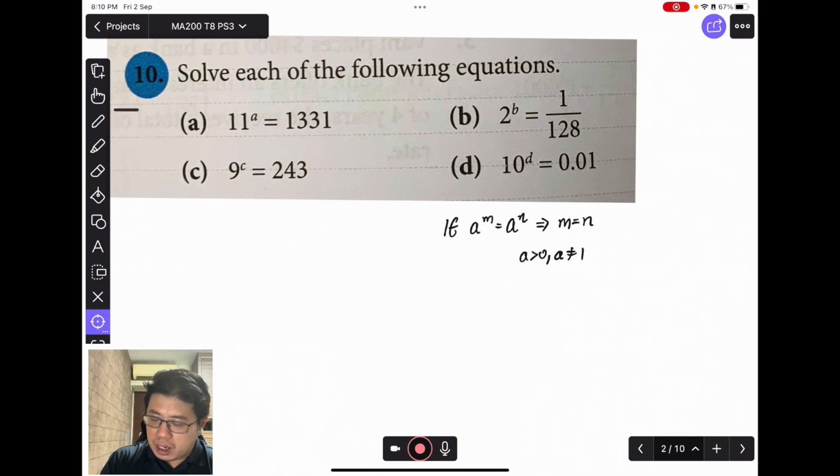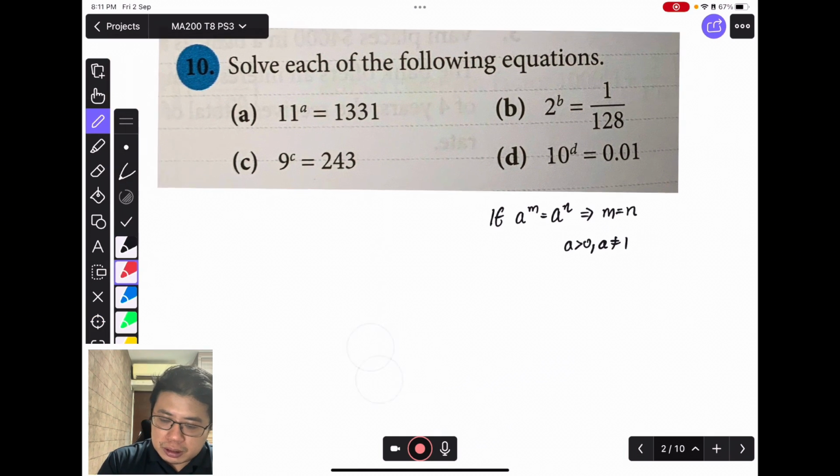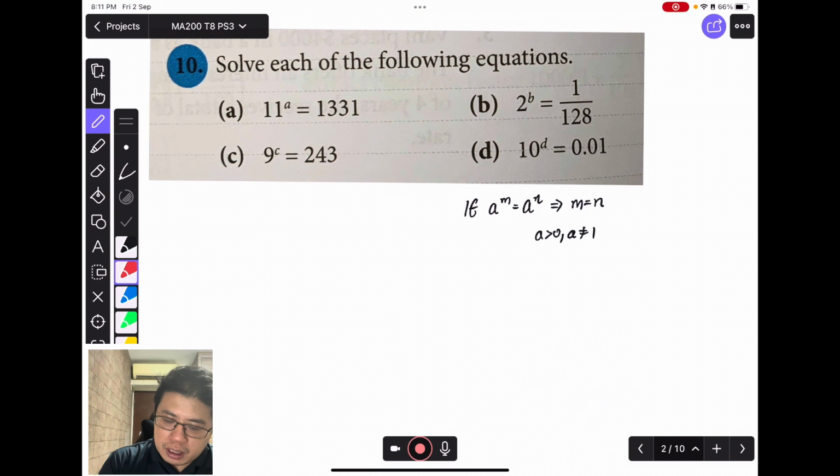Because if a equals to 1, then 1 power 7 is 1 power 5, but you can see that 7 is not equals to 5. Also here m is equals to n, but based on this assumption we will try to create the base to be the same, and after which we can basically throw away the base, and that will give us the powers to be equated. So for 10a here, 11 to the power of a is equals to 1331.